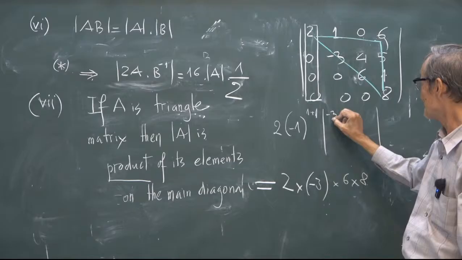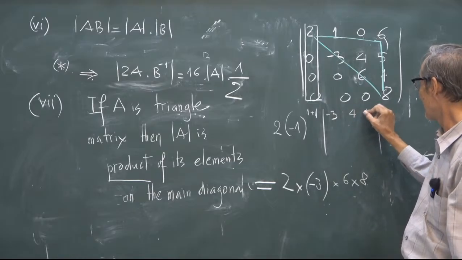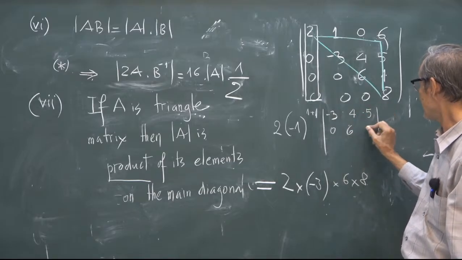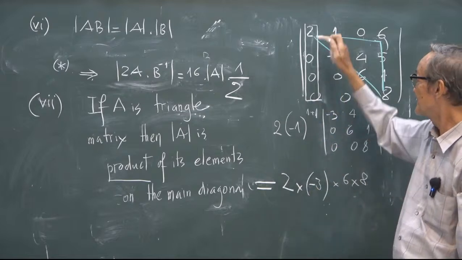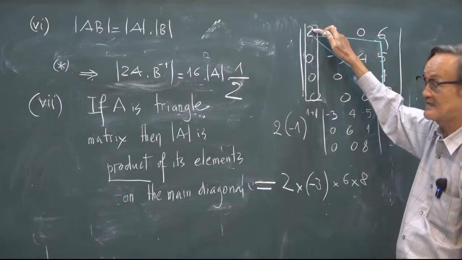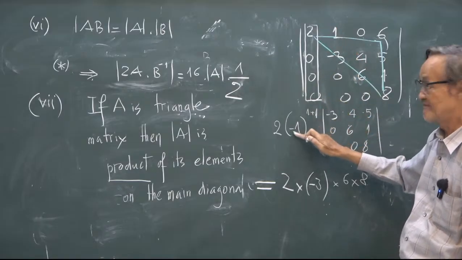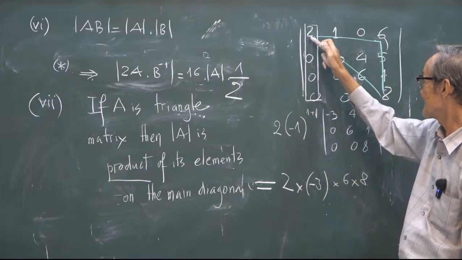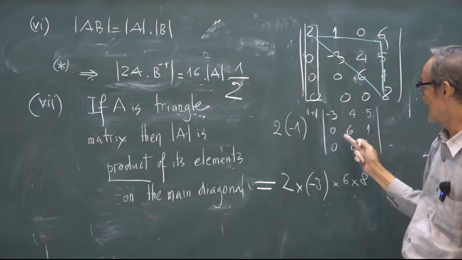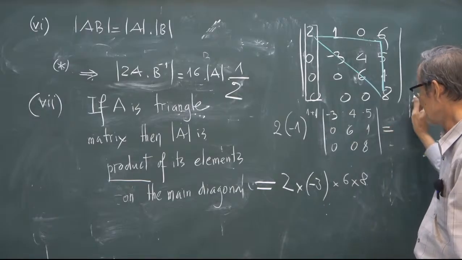We have minus 3, 4, 5, 0, 6, 1, 0, 0, 8.